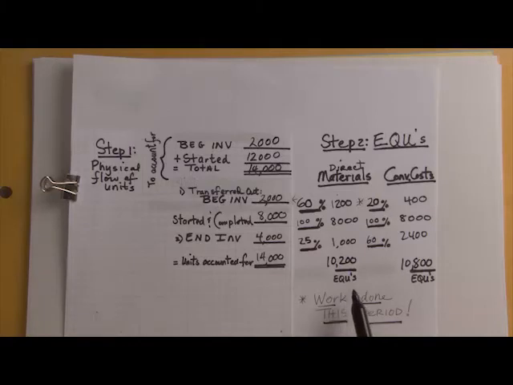So these numbers here, 10,200 or 10,800, this represents the amount of work done this period. And as you can see, we worked on 3 different inventory components, but working on those 3 components is the same as producing 10,200 equivalent units or whole units in terms of direct materials.